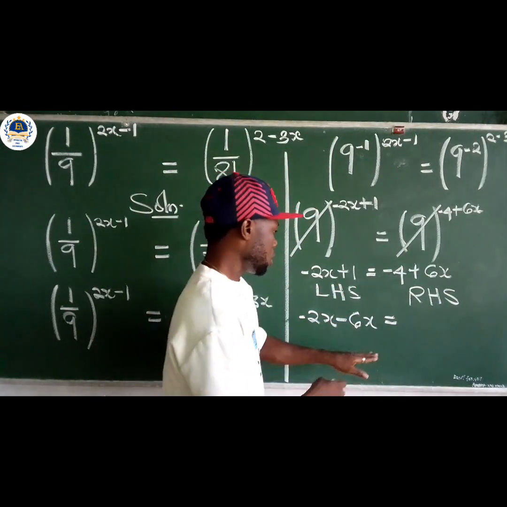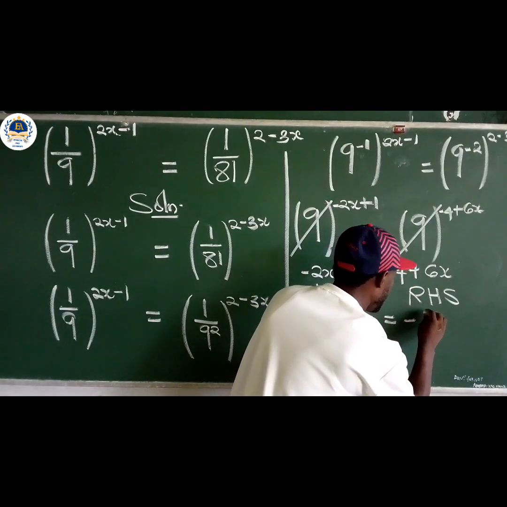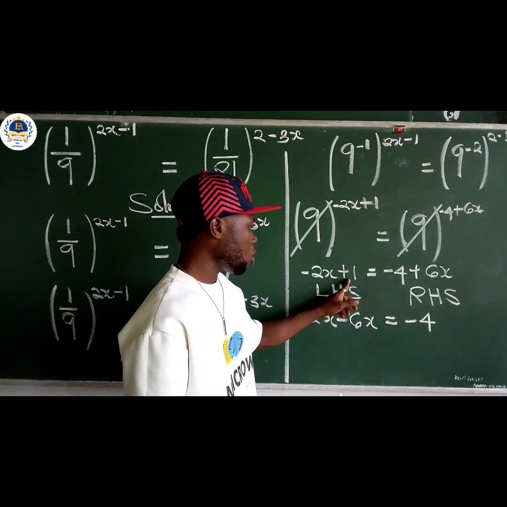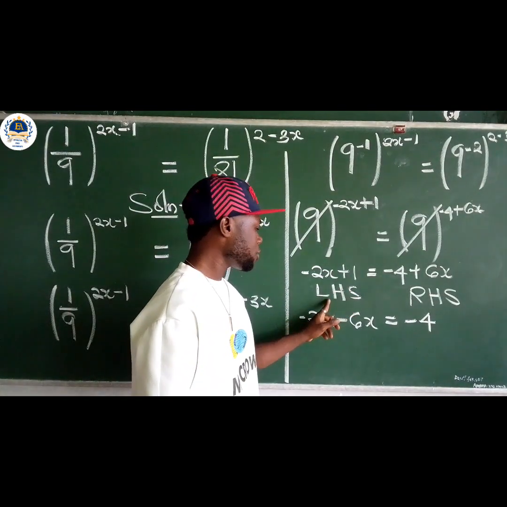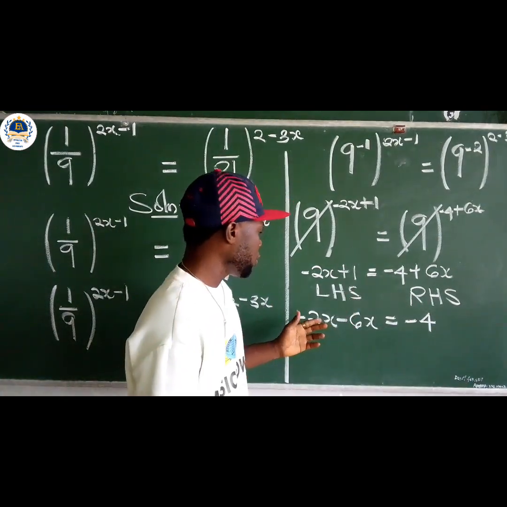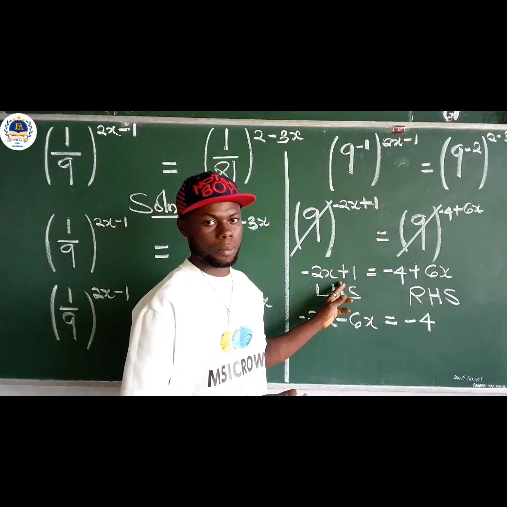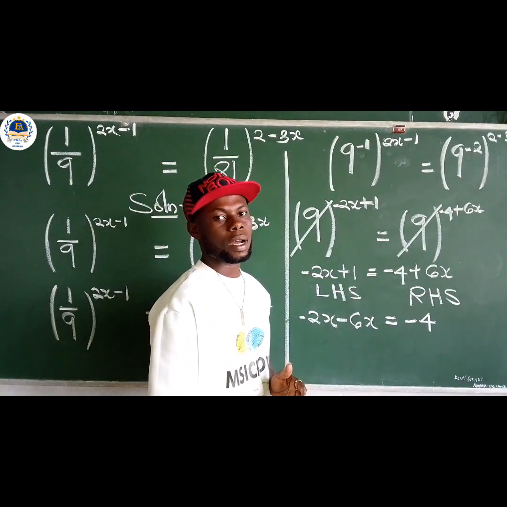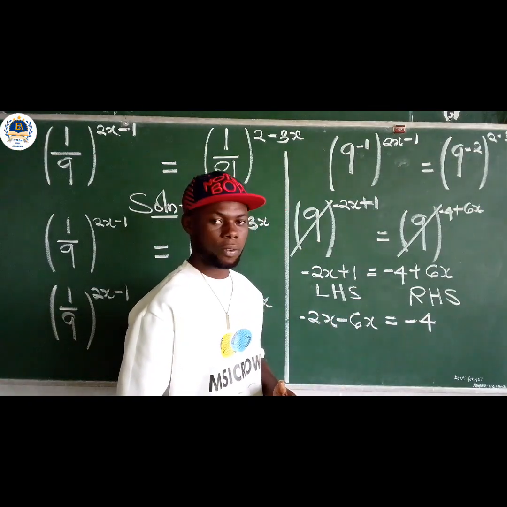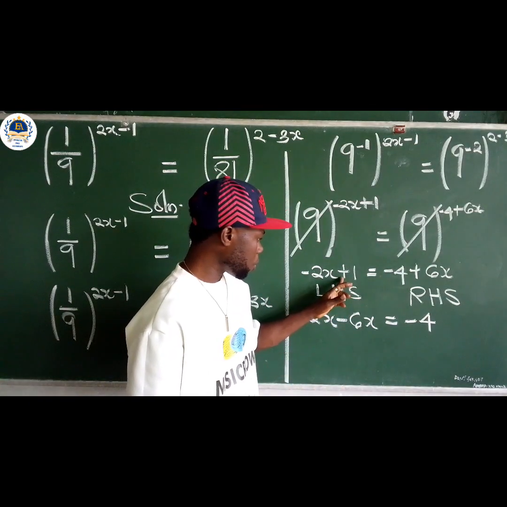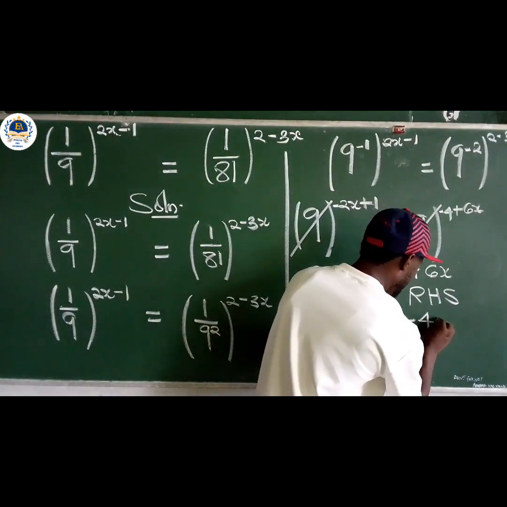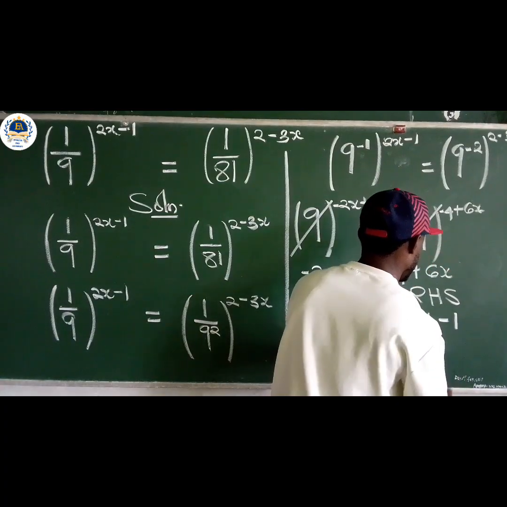It will not change because we are still leaving the number at the right hand side. Then plus 1 would move from the left hand side to the right hand side. And if we are moving a particular number or term from the left to the right or the right to the left, the sign will change from either positive to negative and vice versa. So plus 1, when coming over to the right, becomes minus 1.